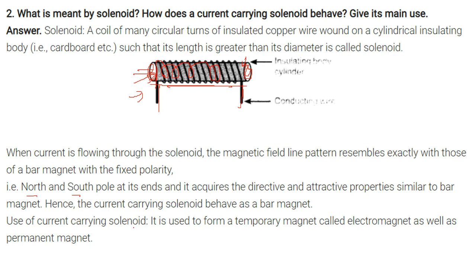Therefore, a current carrying solenoid behaves like a bar magnet. In which way can we use it? It is used to form a temporary magnet, called an electromagnet, as well as a permanent magnet.